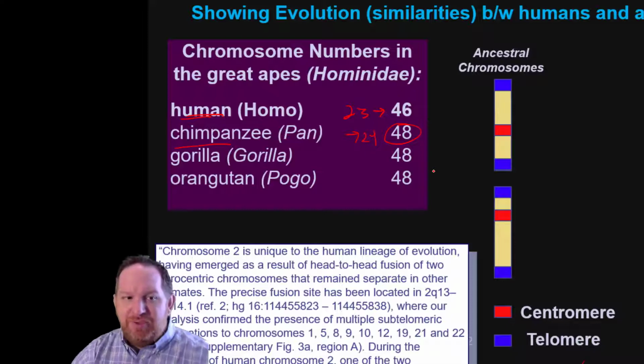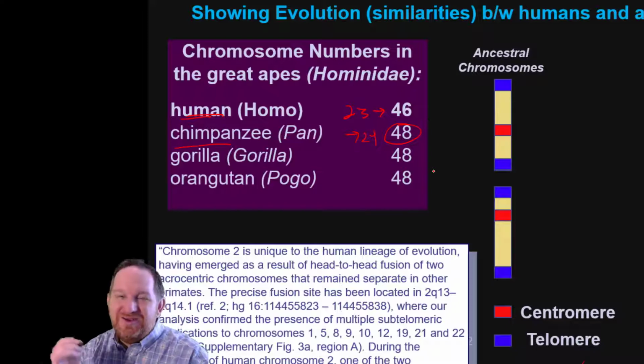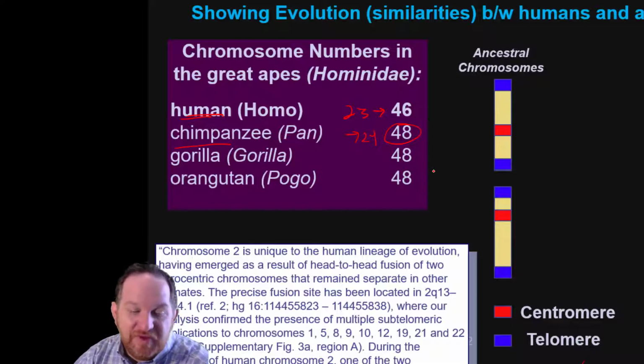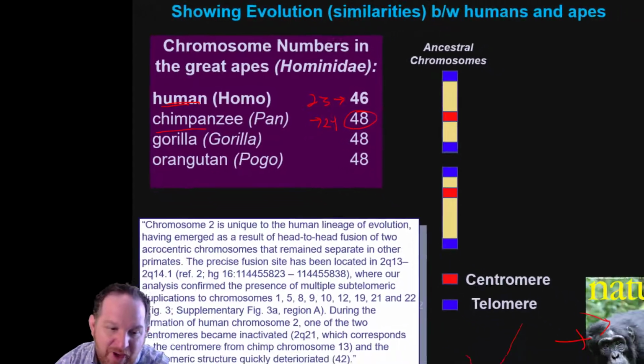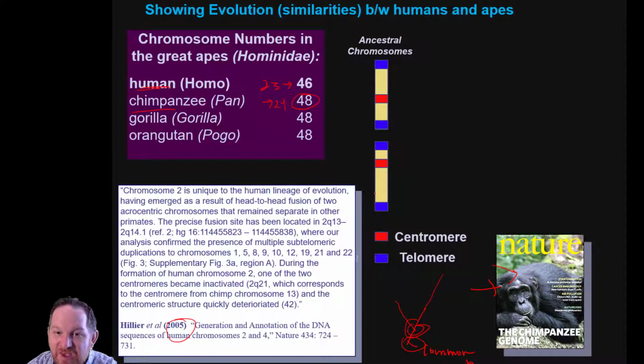So yeah, chimpanzees, gorillas, orangutans, they actually have more chromosomes than humans. Well, what could explain that? Some scientists had an idea, and they published this work back in 2005, that it was actually two chromosomes in one of our ancestor species that fused together to make one chromosome for us.